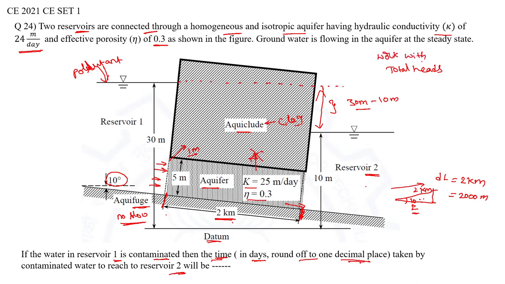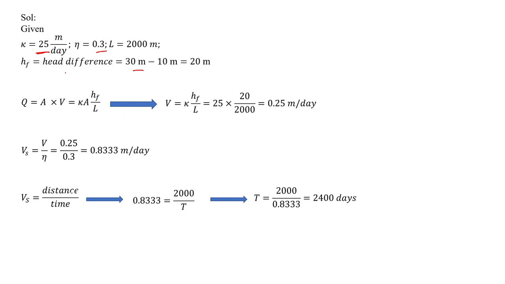The 30 meter is shown with respect to the datum, and the 10 meters is also shown with respect to the datum. So we can directly take the head difference hf, 30 meters minus 10 meters, which is 20 meters. As we know, Q equals A into V, and A can be taken out, and V equals K into hf by L. K is the hydraulic conductivity, given as 25 meter per day, hf is 20 meters, and length is 2000 meters.